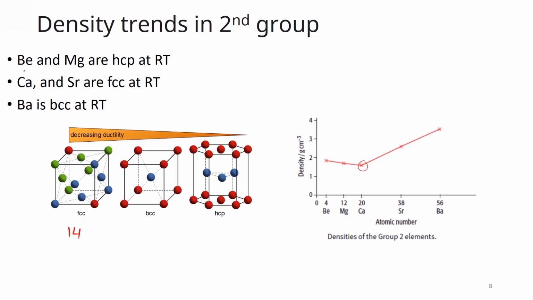Whereas in the case of beryllium and magnesium, they are HCP, which means I have 19 atoms included in my lattice. So the higher the atoms in my lattice, the higher the density. This is why beryllium and magnesium will have a higher density than calcium.